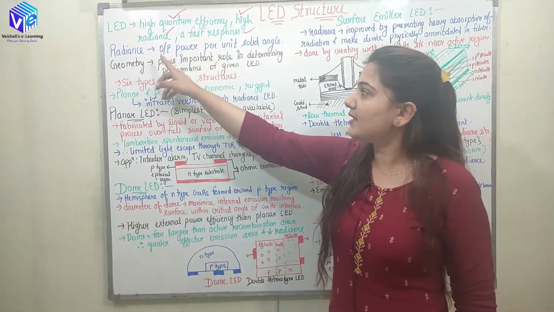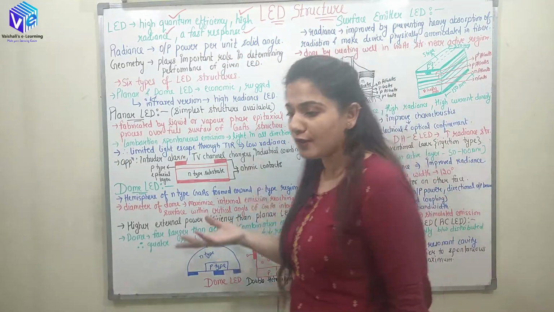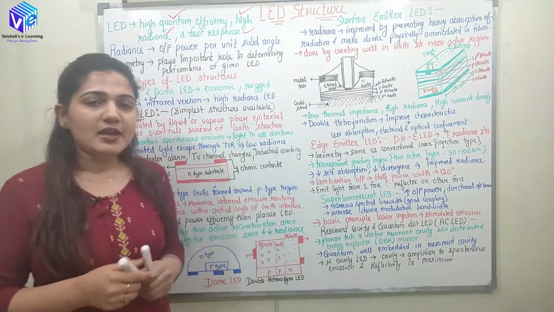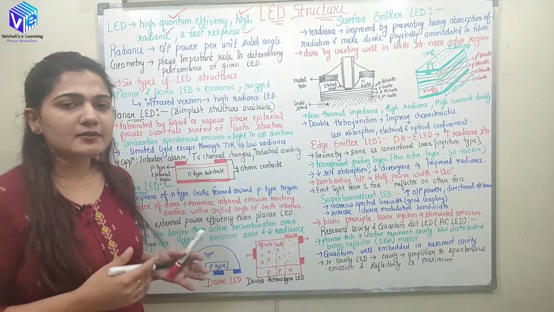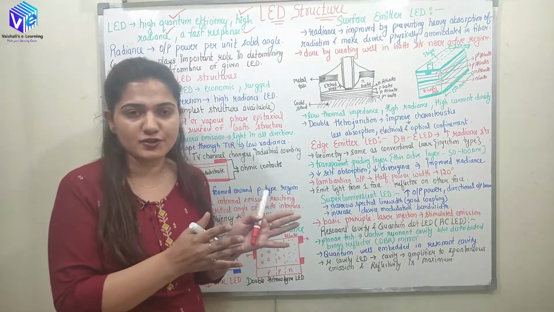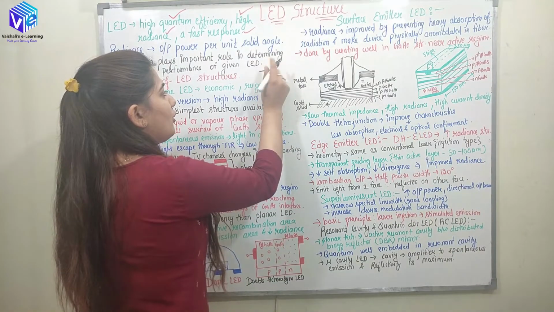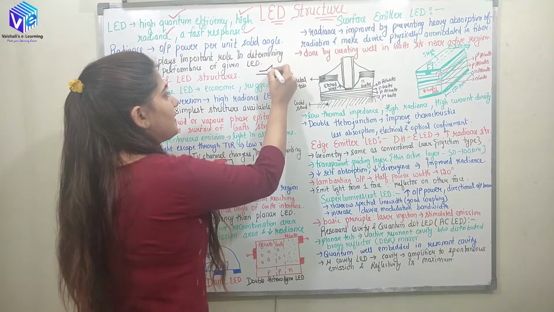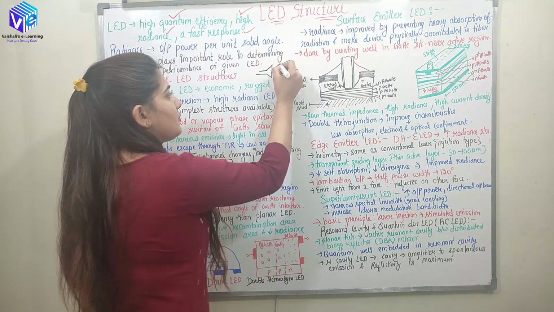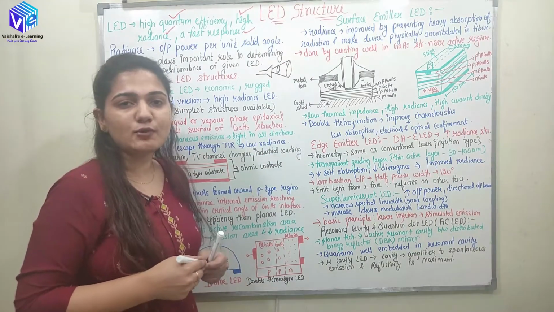Now the radiance is measured as the output power per unit solid angle. The radiance is a 3D parameter. Think of the light coming out of a torch. If I want to measure the radiance at different points of the light coming out of the torch, I need some 3D quantity.